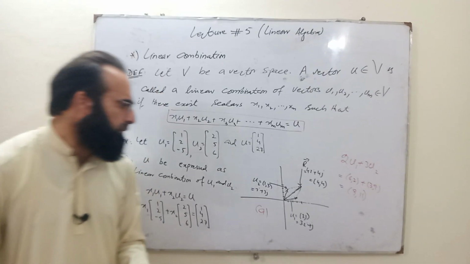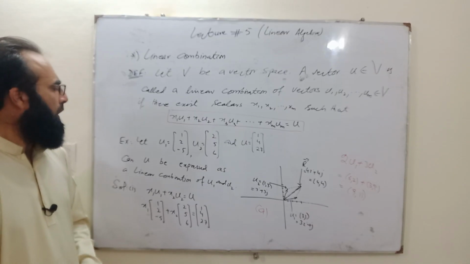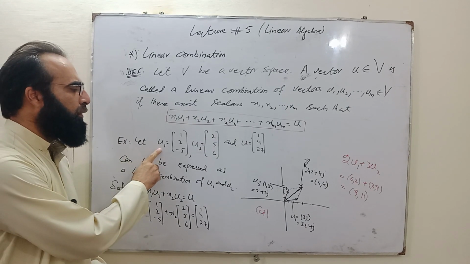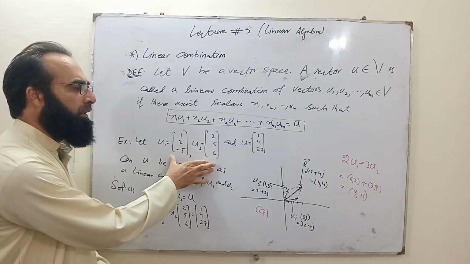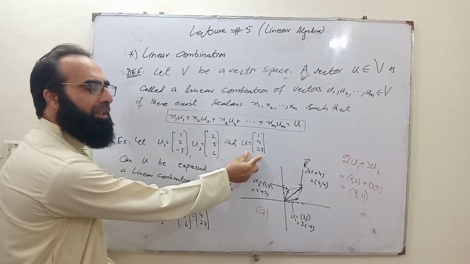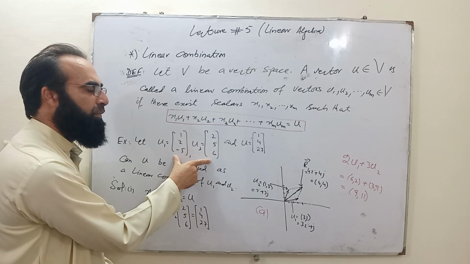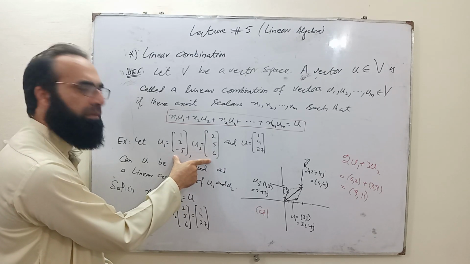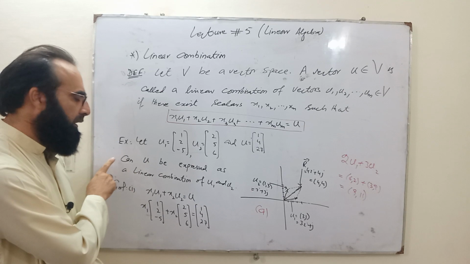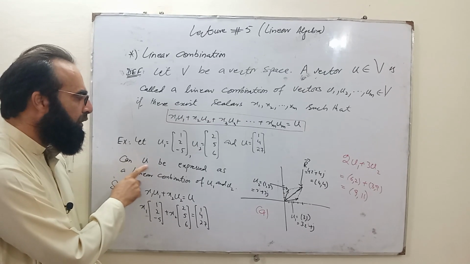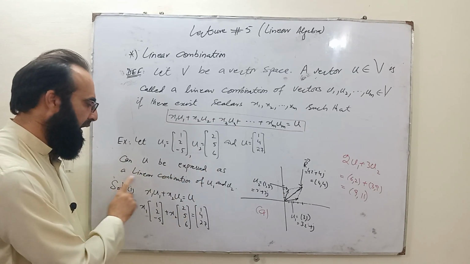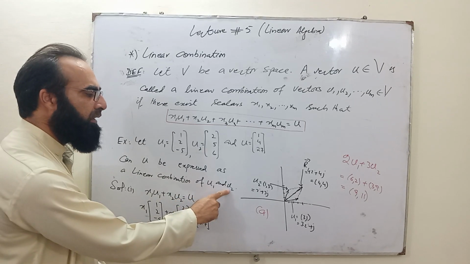Now example, let u1 and u2 be given and we have to check whether this given vector u is a linear combination of u1 and u2 or not. The question is, can u be expressed as a linear combination of u1 and u2?